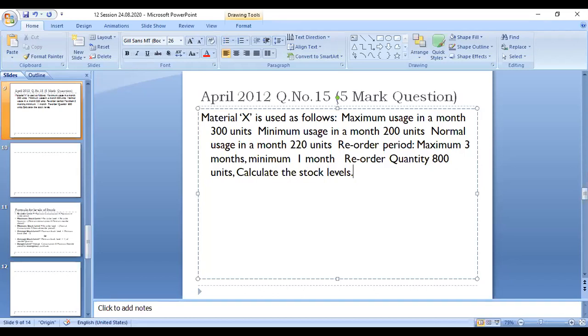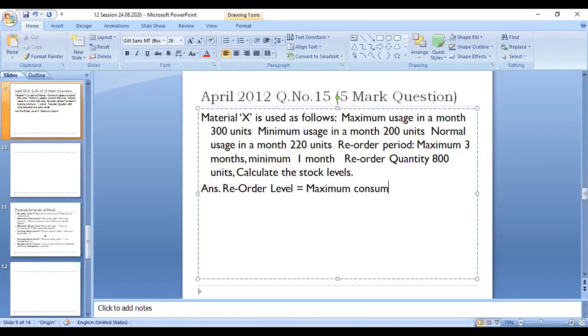In the stock levels, you have to remember all of them. The first one is the reorder level. For the reorder level formula, only two numbers you have to multiply: maximum consumption into maximum reorder period.